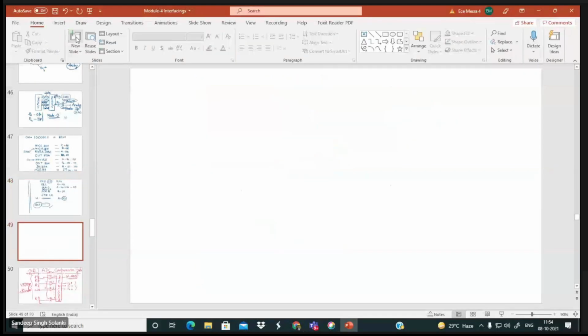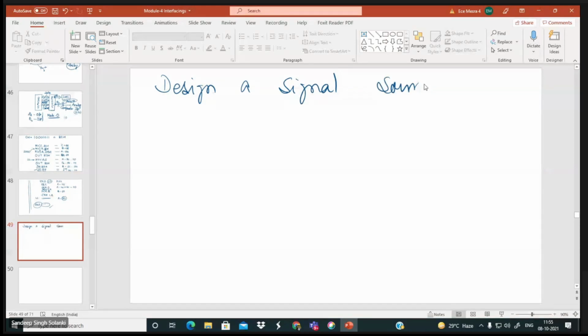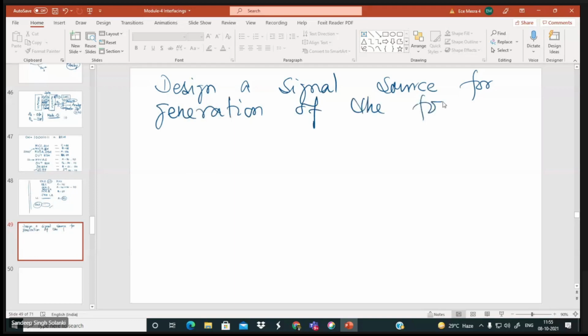Now I'm coming to the next problem. My next problem is: design a signal source for generation of the waveforms.